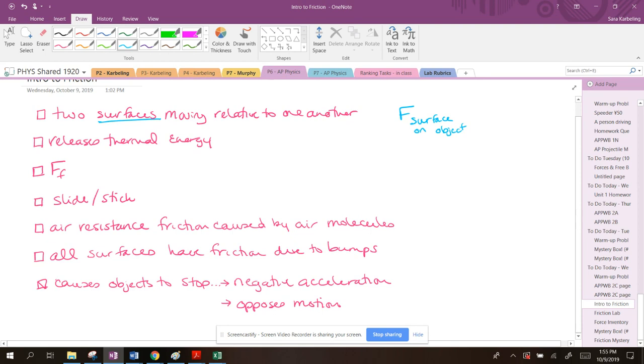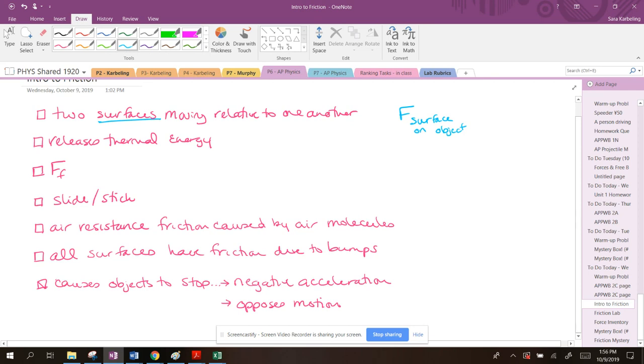What surface force did we talk about yesterday? Look at your pink sheet if you haven't already. That's going to be the place where it'll tell you. The normal force. The normal force was also a surface on an object. But what do we know very specifically about the normal force? Is the normal force a frictional force?